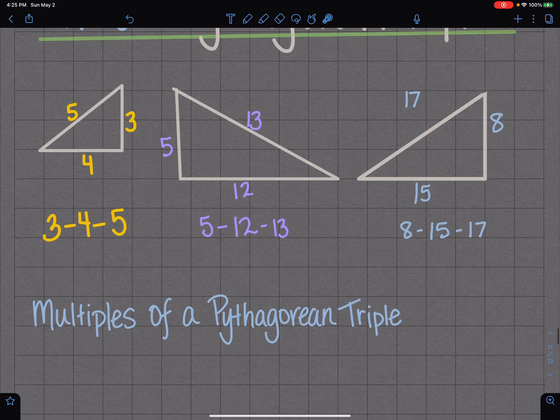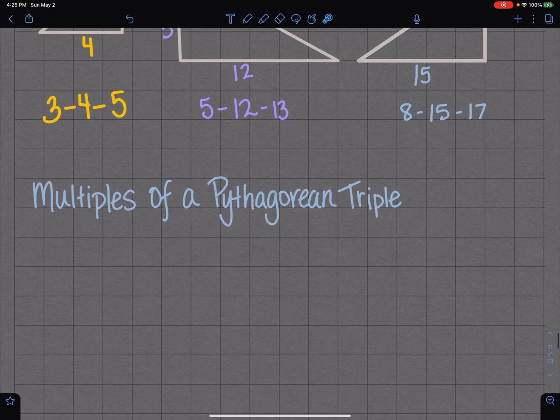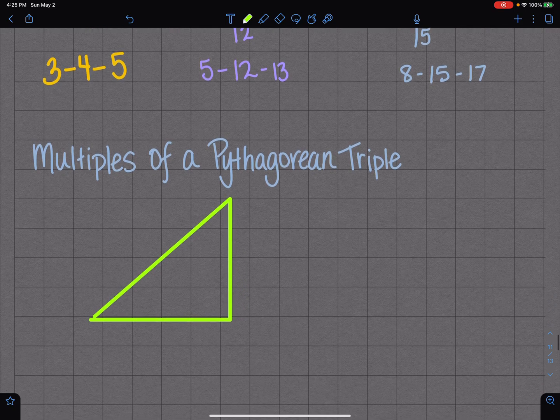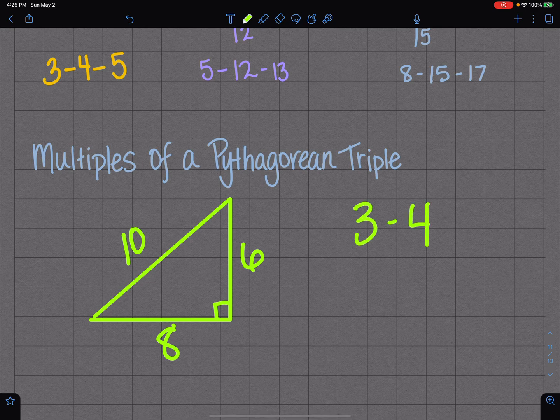Okay, so let's look at a couple more multiples. A 3, 4, 5 triangle, I drew it above, but a 3, 4, 5 could also be a 6, 8, 10. It could be double that, 6, 8, 10.